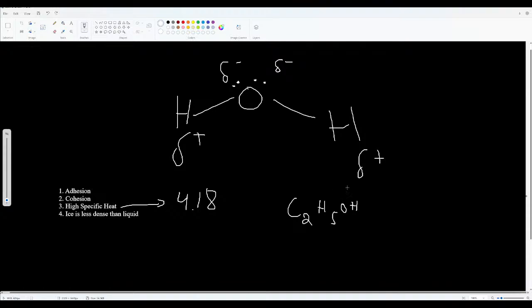So if I was made of drinking alcohol and I went outside, I would not last very long at all. Eventually, I would just evaporate. I would literally evaporate because of how much quicker the heat is transferred in ethanol, drinking alcohol, than it is in water, right? Water has this incredibly high specific heat that allows it to resist temperature change. So that's incredibly important for life.